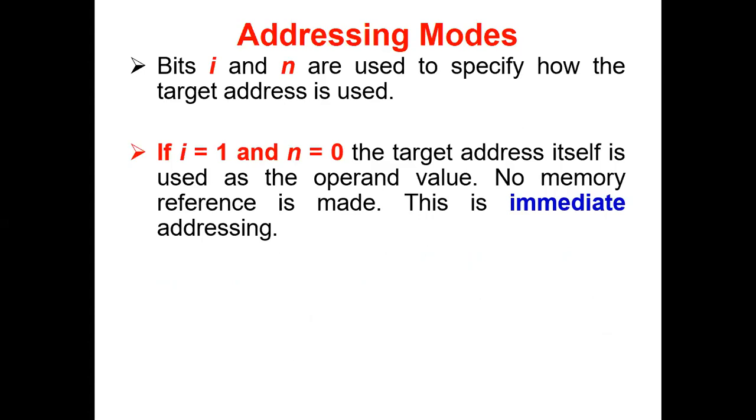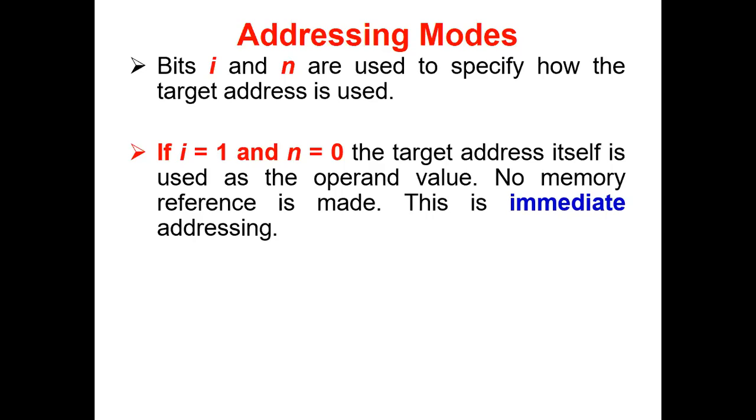Now, after calculating the target address, you will get to that address, but then the question is: is it the address itself which is the required operand, or the contents of that particular address? So here it is bits I and N, which specify what should be picked.